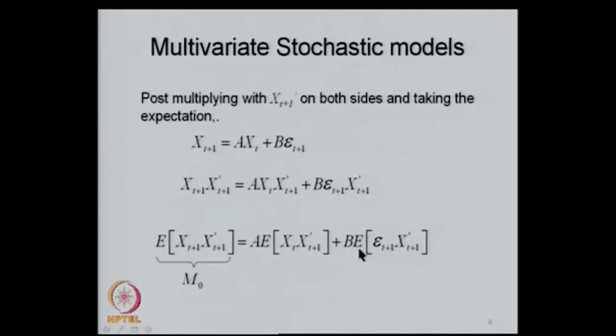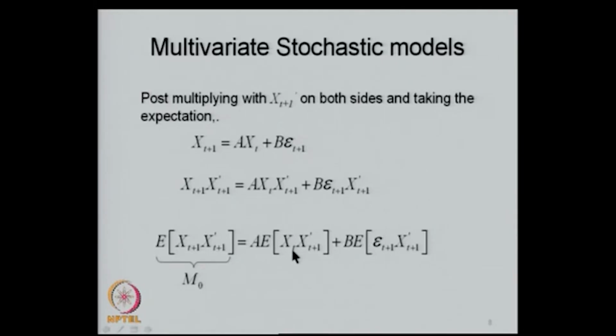This expectation, if we had x t prime here, would have been 0, because we said epsilon t plus 1 is independent of x t, but for epsilon t plus 1 x t plus 1 prime, when you take the expectation of that, it will not be 0. Remember this, because epsilon t plus 1 need not be independent of x t plus 1. Epsilon t plus 1 is independent of x t in this structure, and therefore this expectation is not necessarily 0.